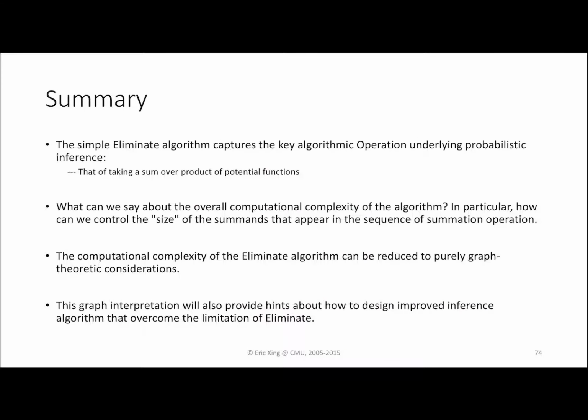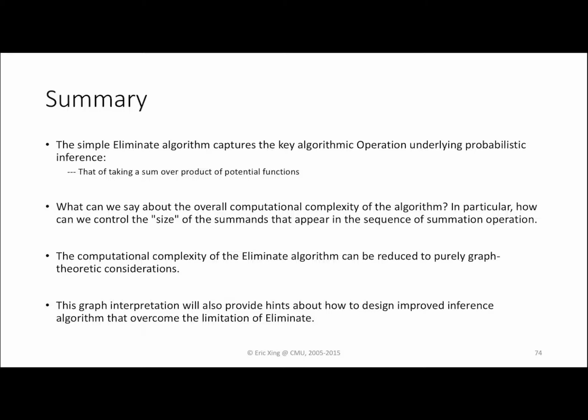So to summarize, I gave you an intuition of message passing and variable elimination, that they're all related to each other. This summation or matrix vector product or tensor vector product that I do is basically the message that I compute that goes from clique to clique.